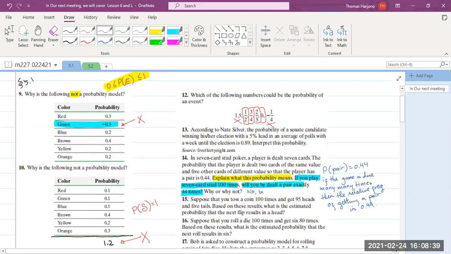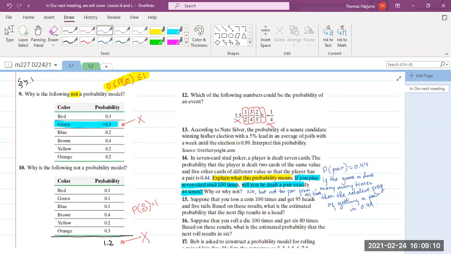But we know it's not too far from 44 times, because this 0.44 is the average. So it doesn't mean that if you played 100 times, you will get exactly 44 pairs. No, but it won't be too far from 44 times.